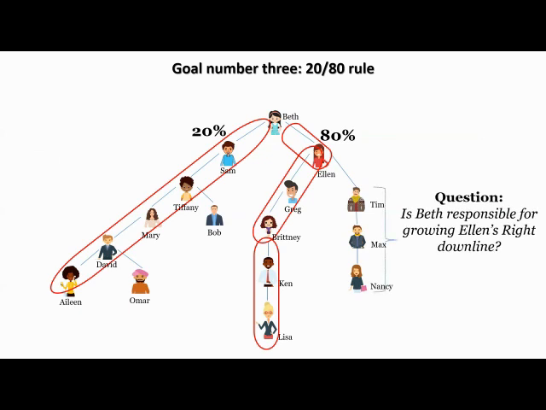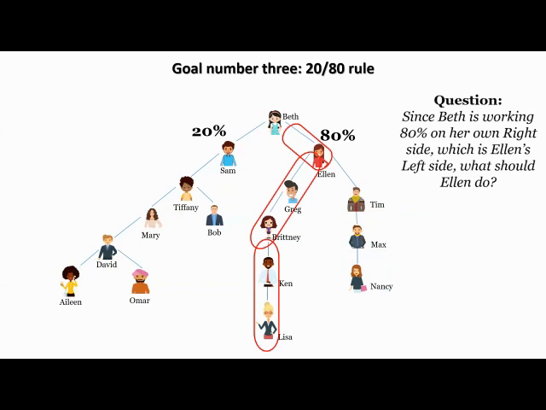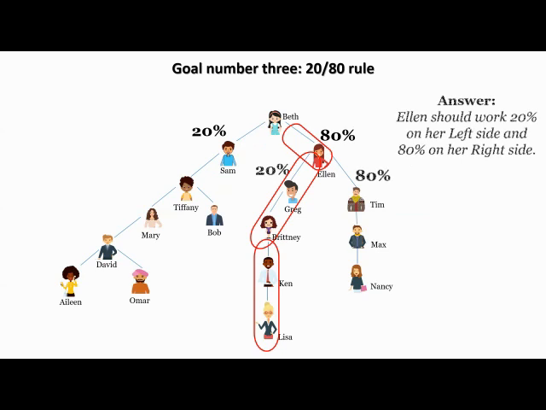Is Beth responsible for growing Ellen's right downline? No. Beth is not responsible for that. That is Ellen's responsibility. Now, Beth can help, like maybe giving some points there once in a while, but since Beth is working on 80% of Ellen's left line, that means Ellen needs to work 20% on her left line and 80% on her right side.